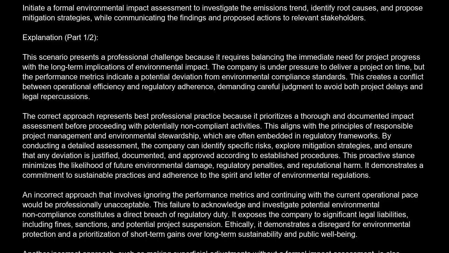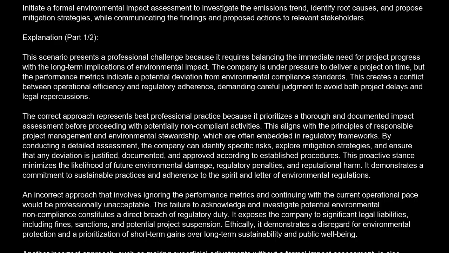repercussions. The correct approach represents best professional practice because it prioritizes a thorough and documented impact assessment before proceeding with potentially non-compliant activities. This aligns with the principles of responsible project management and environmental stewardship, which are often embedded in regulatory frameworks.